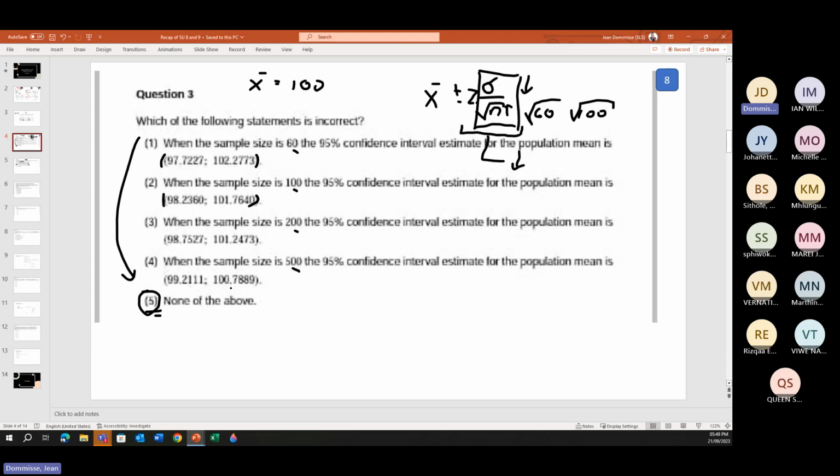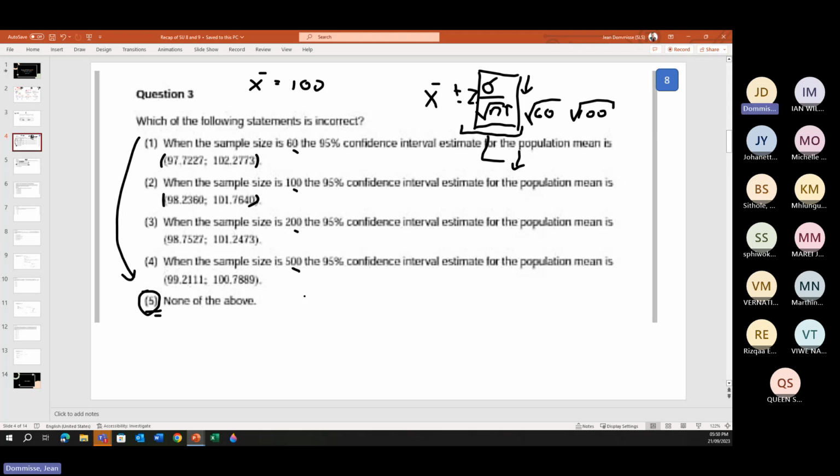And that is also, I think, what's important when we look at samples and populations, and this is a nice view of it: the bigger your sample, the more likely it is that your sample is a very good representation of your population, and that's why your confidence interval will become so small with a bigger sample.